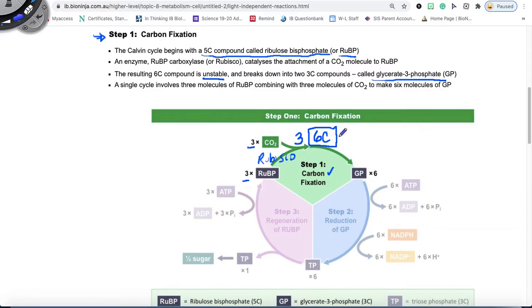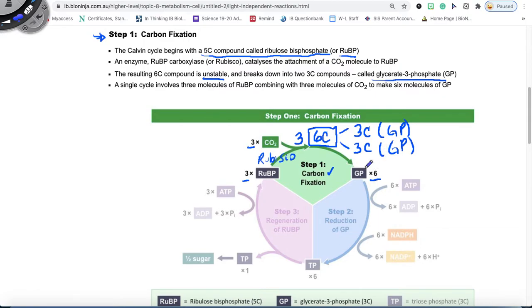Each 6-carbon compound breaks into 2 3-carbon compounds that we call GP, or glycerate 3-phosphate. So 3 times 2 gives us 6 GPs.